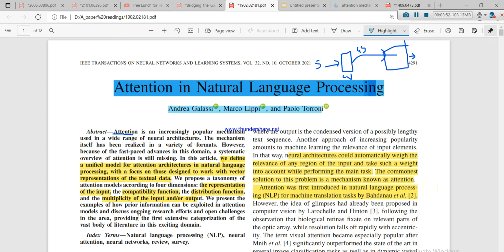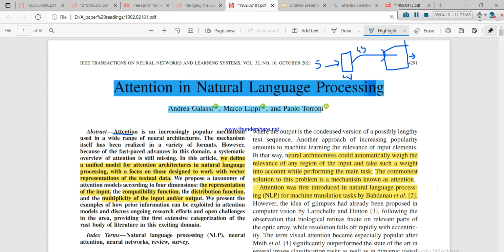They have defined a unified model for attention architecture in NLP, with a focus on those designed to work with a vector representation of textual data.